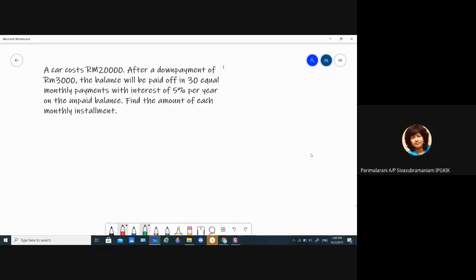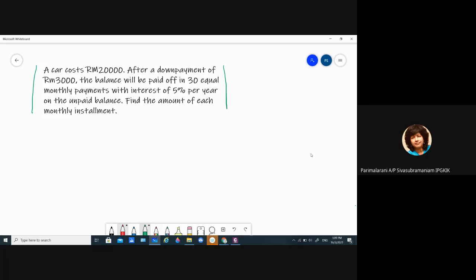Have you seen this type of question before? Under what chapter? Loan. Yes, under amortization of loans, you have done this.